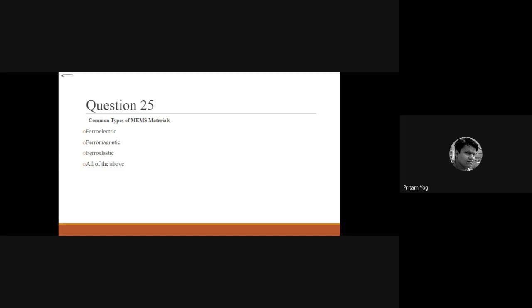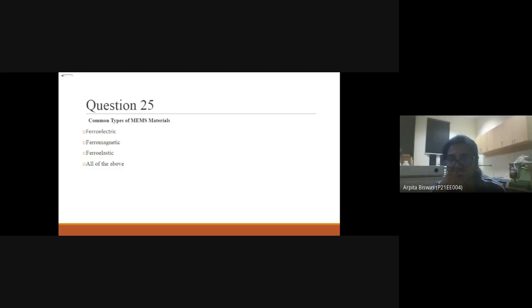And for the below side, as we already discussed in previous questions, we use bulk micromachining. Now my question is, in the below portion, is only the silicon wafer present or is oxide also present on the back side? I'm not talking about the front side.